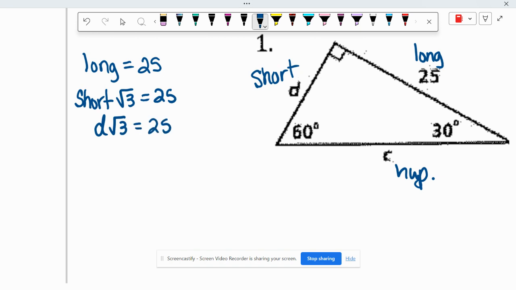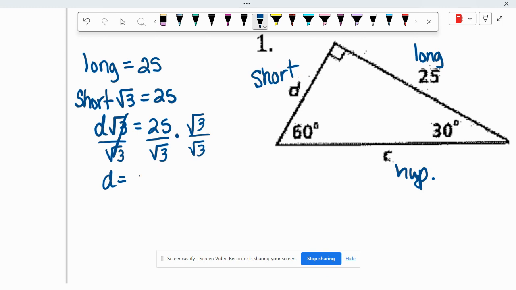How do I get D all by itself? Divide by the square root of 3. And now do I have D all by itself? I do, except that I cannot leave the square root of 3 in the denominator. That's illegal. Fancy one, multiply by the square root of 3 over the square root of 3.